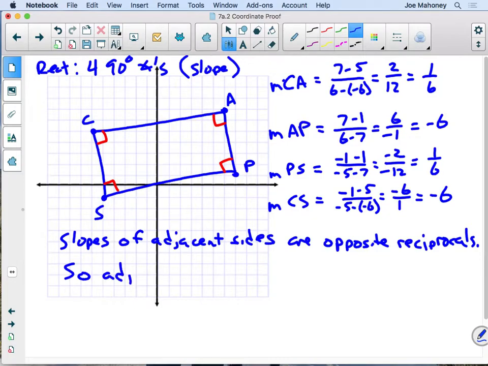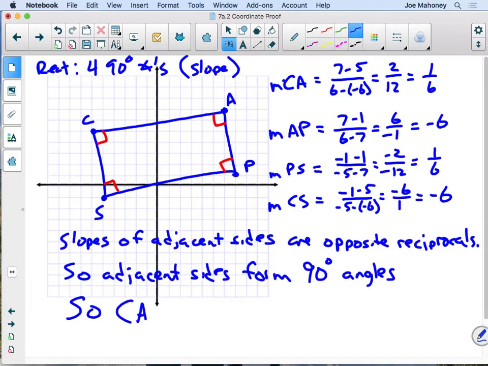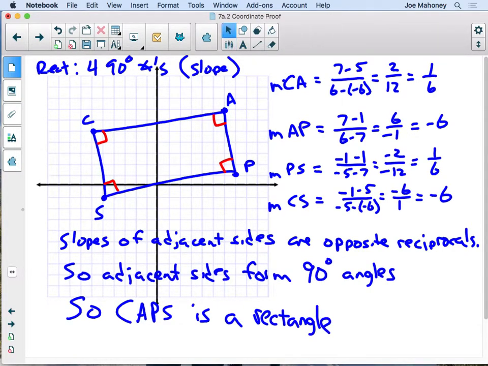So adjacent sides form 90-degree angles. That's what it means. And therefore, we'll wrap it all up. We'll say that quadrilateral CAPS is a rectangle. That's our proof. We're done.